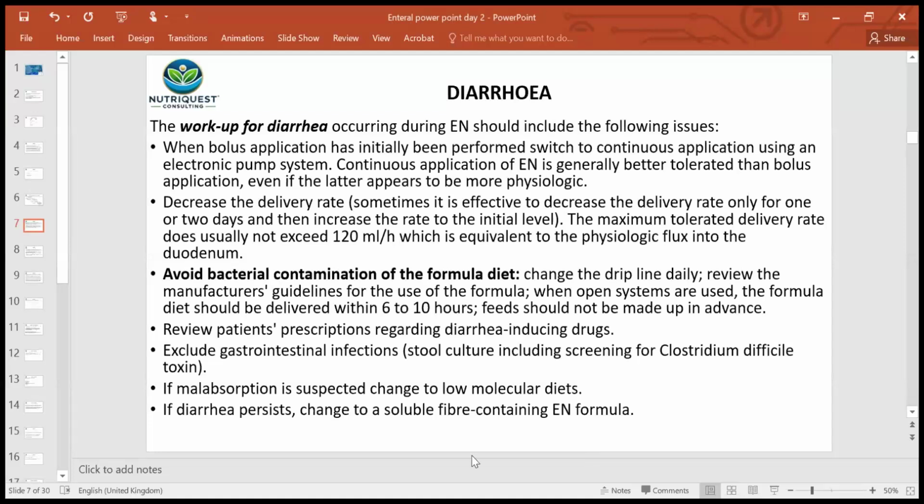If malabsorption is suspected, change to low molecular diets. If diarrhea persists, change to a soluble fiber containing enteral nutrition. We'll be able to look at those formulations, so don't worry. I know in the market we usually have brand names, but today I'll just share with you how those formulations look. You can go to the booklets of the provider or manufacturer to get the brand names.